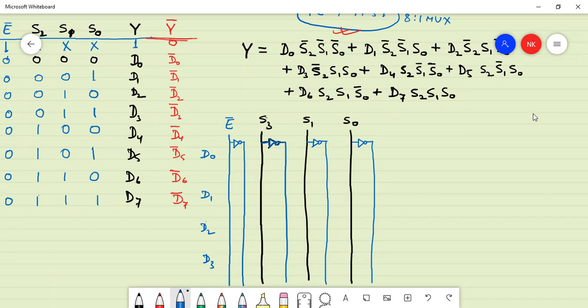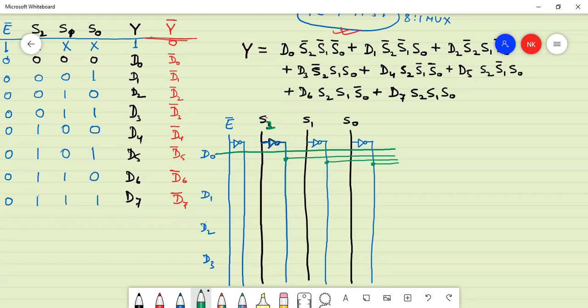Firstly we have this input D0, second S2 bar, then S1 bar and S0 bar.